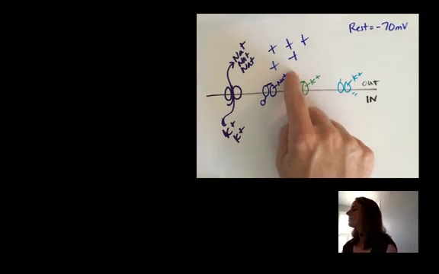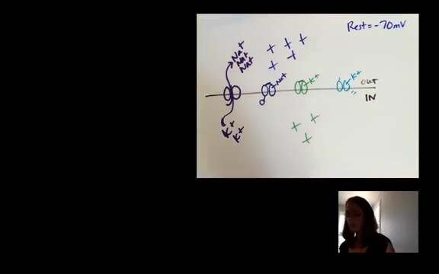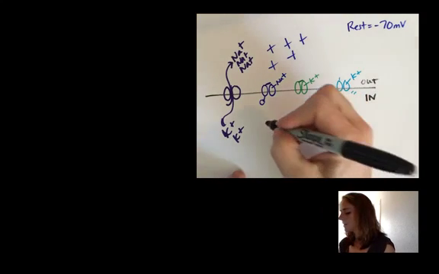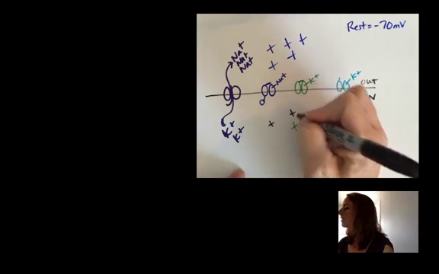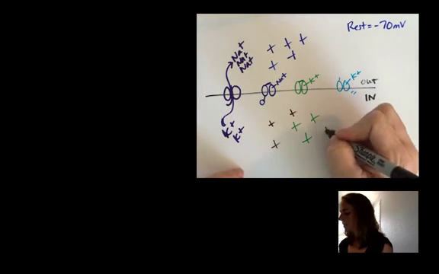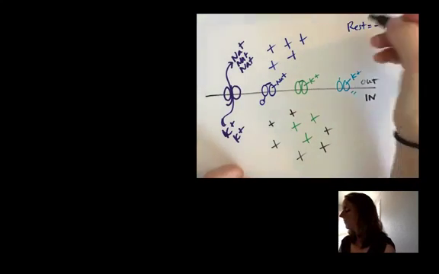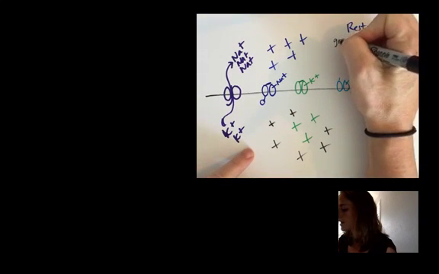Then we're going to get some input to the cell. So either through receptor potentials, through chemical signals, we're going to get some positive ions into the cell. If we get enough positive ions into the cell, we're going to call those graded potentials.